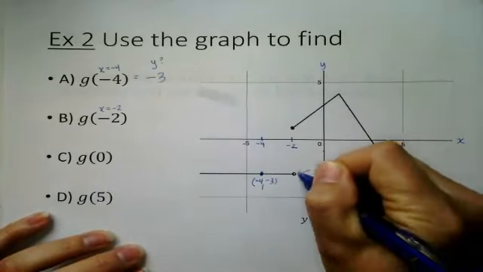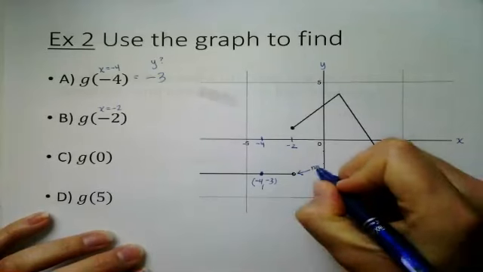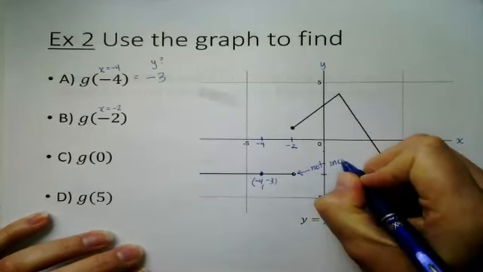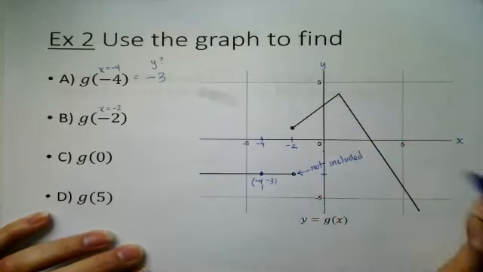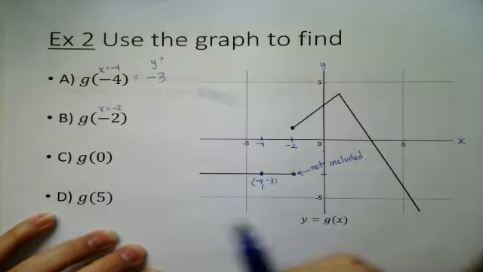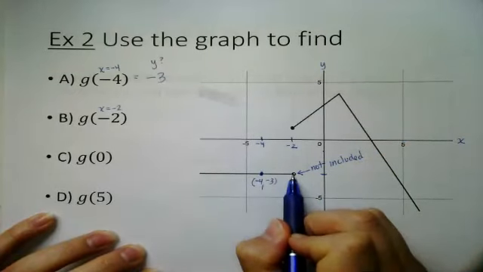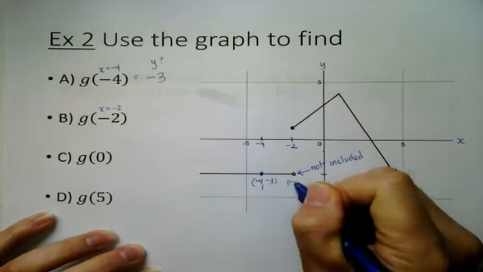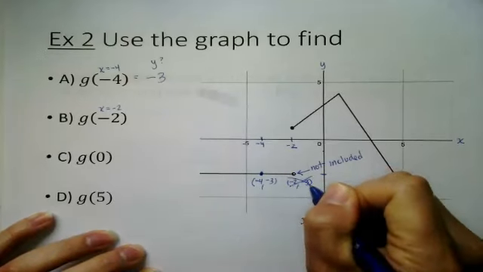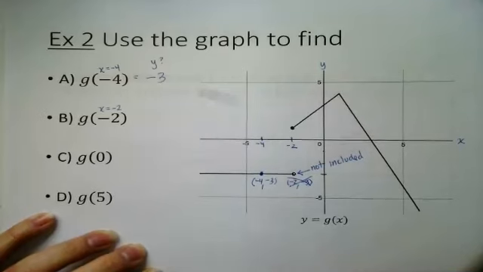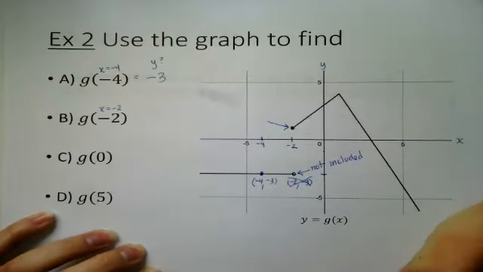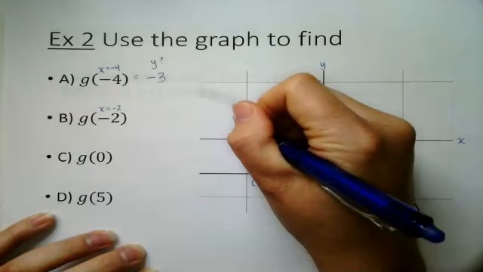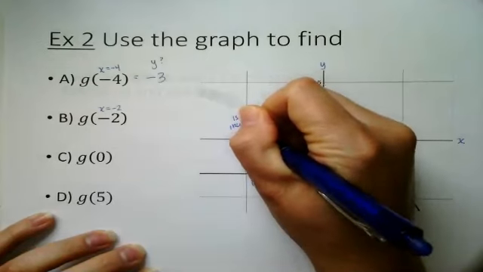And so this point down here is an open circle, and that means it's not included. We get really close to this point, but it's not actually the point -2, -3. That point is not really there. This point uses a nice solid dot. That one is included.